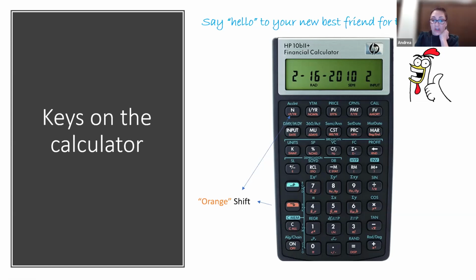If you want to populate anything that's orange, your payments per year, the NOM, the percentage, the effective rate, the payments per year, and the amortization, you're going to hit your shift button first, and then hit the button that corresponds with the key you're trying to utilize.